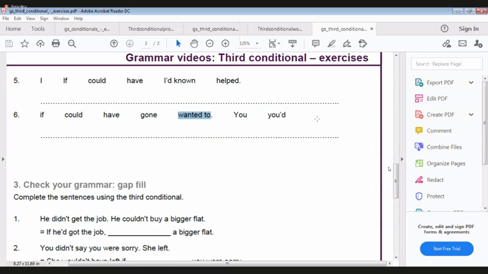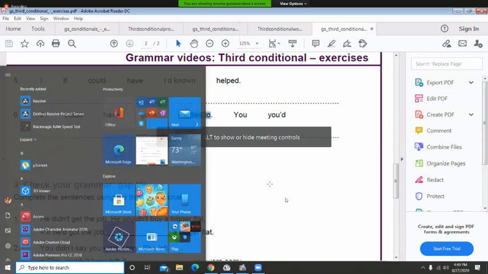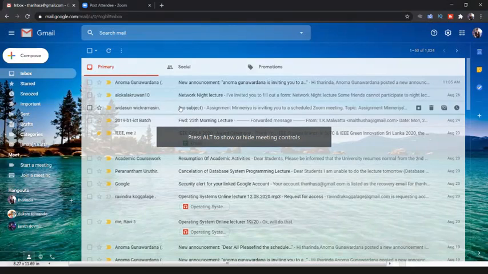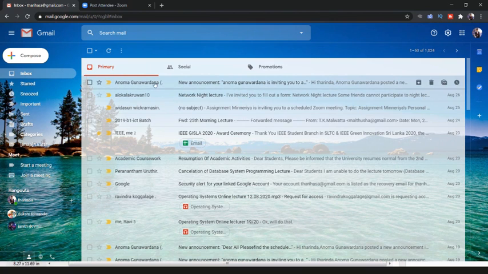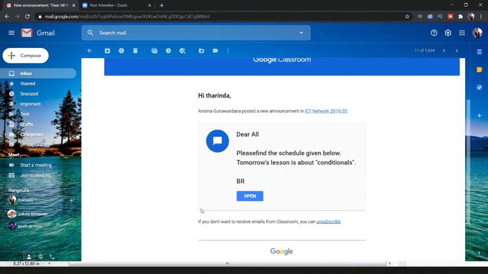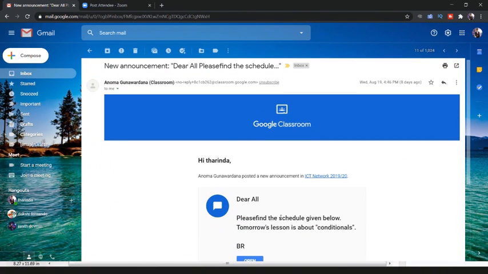Right. So since we are done with the two exercises and time is over, let's finish for the day. So this is all about conditionals in English. Have you got any questions? Anything to ask, anything to get clarified?